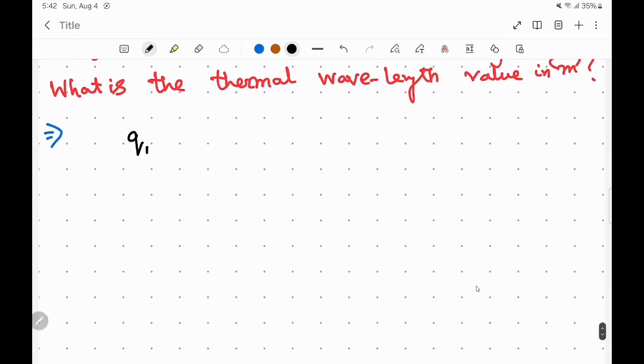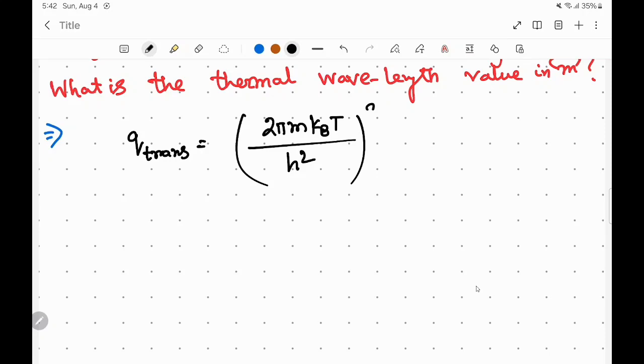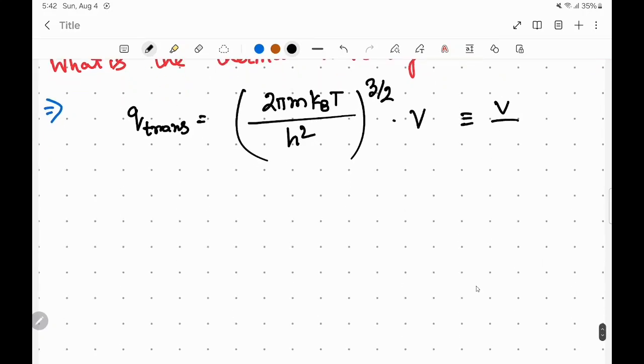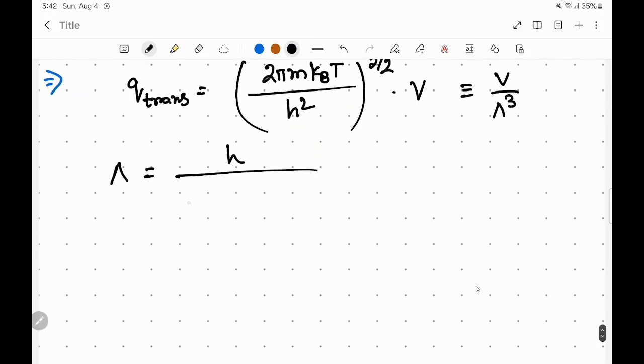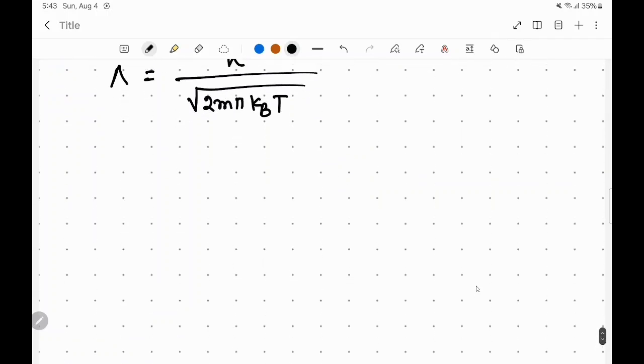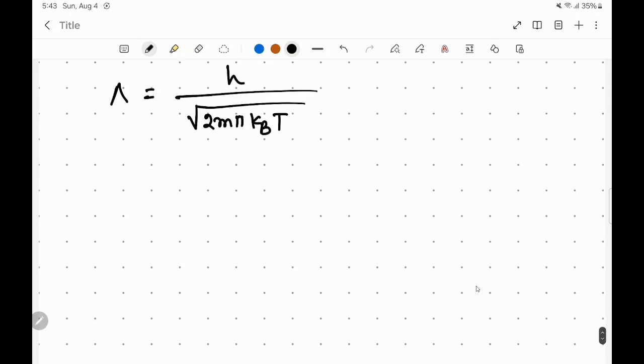So q translational will be, as we have discussed, (2 pi m k_B T divided by h square) whole to the power 3 by 2 into V, that means V by lambda cube, right? Where lambda is called the thermal wavelength that we have to calculate here. So just put the values.